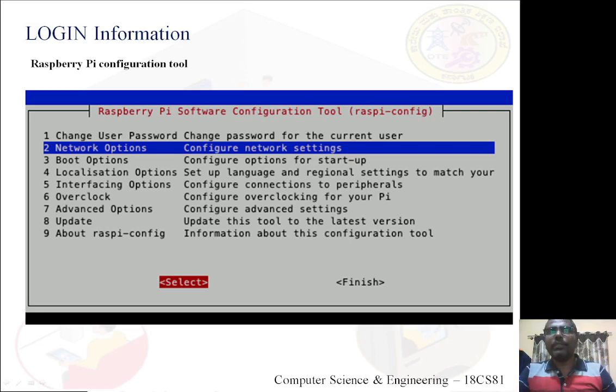Okay, so clear with this. So hope you're clear with installing the Raspbian operating system to the Raspberry Pi computer, and after successful installation of the Raspbian operating system, how to configure the Raspberry Pi computer.